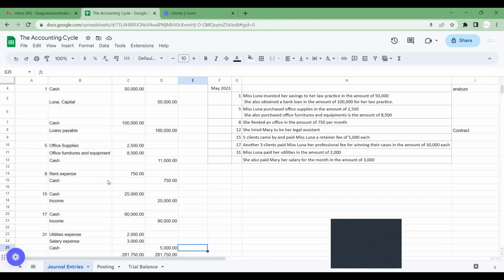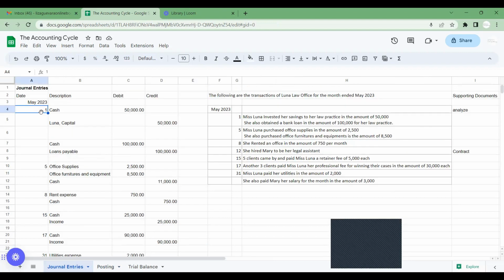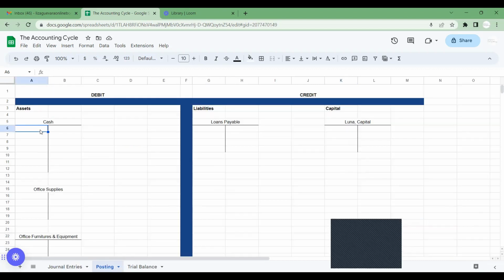So the first one is the May 1 transactions. We are going to post the first transaction. We'll debit cash of 50,000 and credit Luna Capital of 50,000.